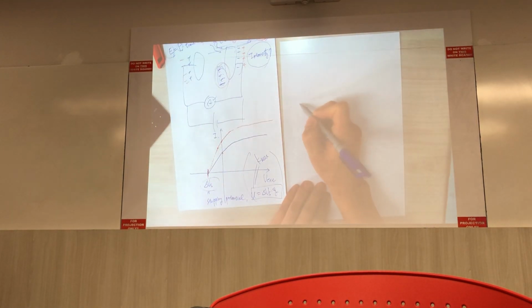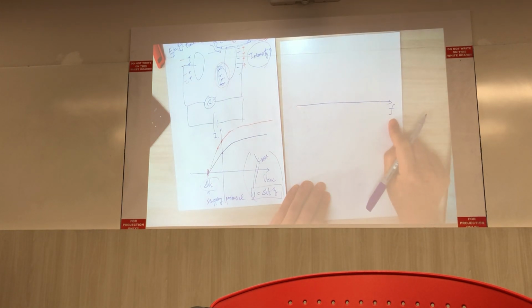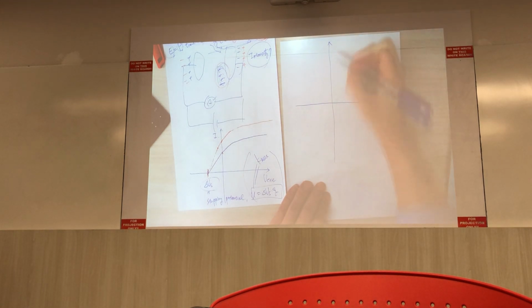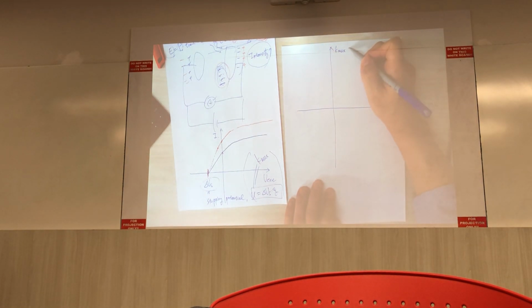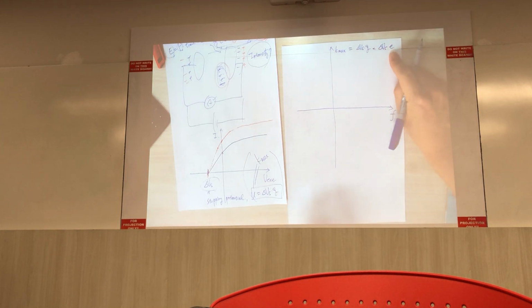In order to do that, I will draw a graph. The x-axis is going to be our frequency, and the y-axis is the maximum energy of the electron. We know that this Kmax is the stopping potential times its charge, or I will sometimes write it as e because this charge is the electron charge, right?